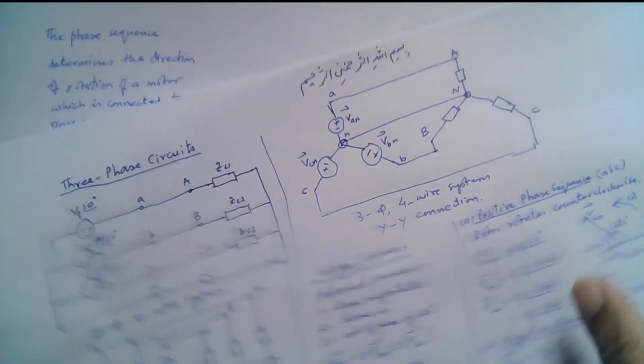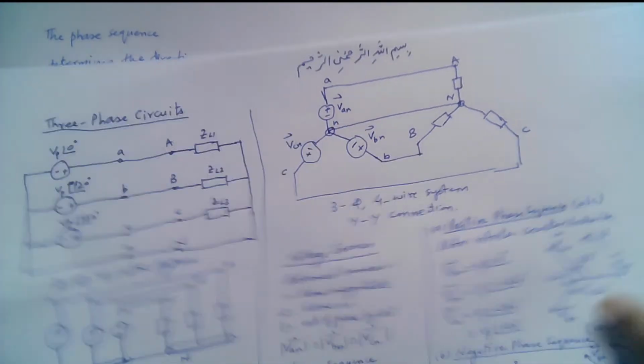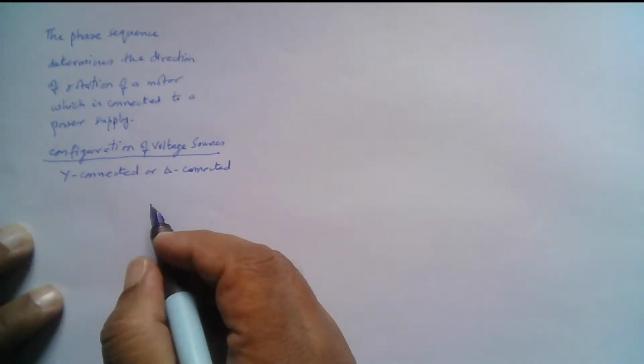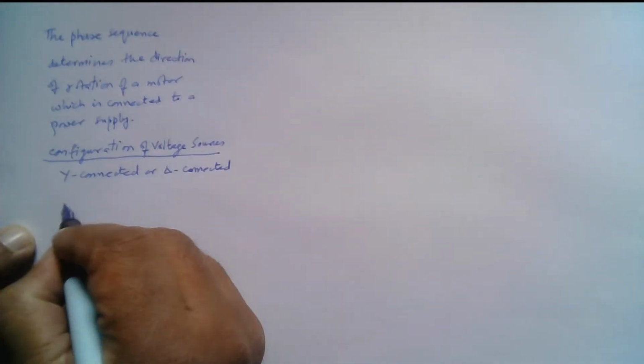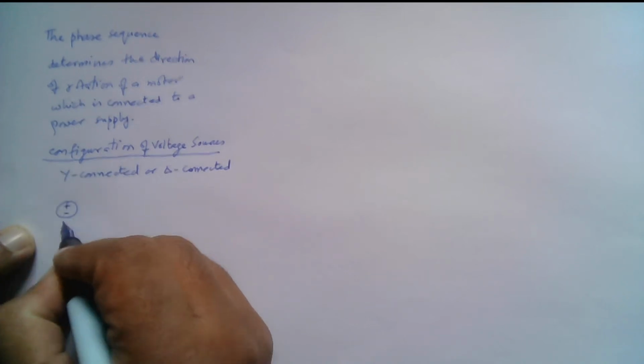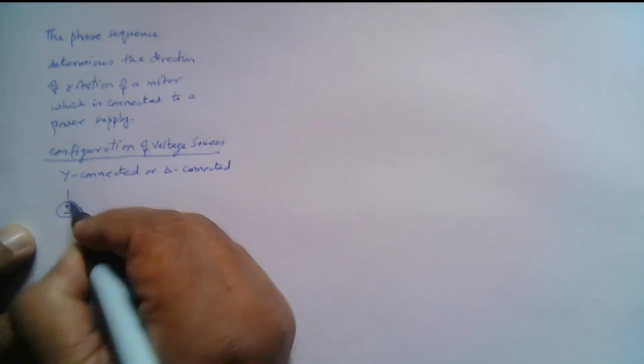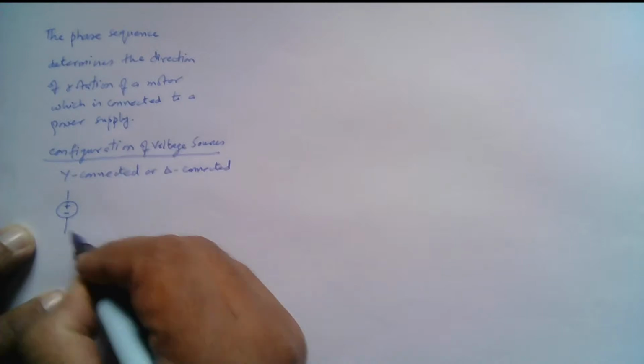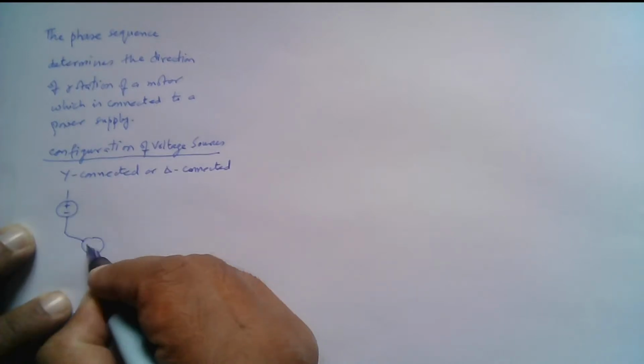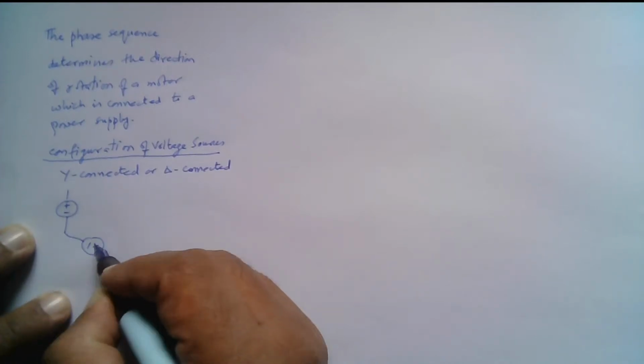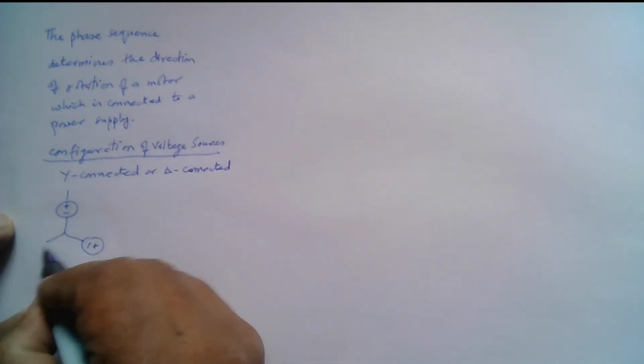For example, this source here is a Y connected source. Let me redraw both types here for you. For example, we have this VAN, and then VBN, and then VCN.